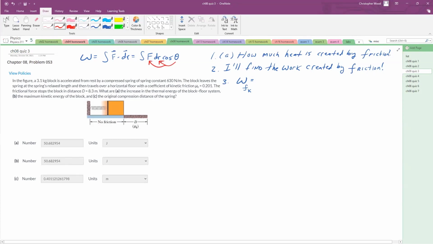So just a brief 20-second recap on the definition of work, and theta is the angle between my displacement vector and my force vector. So here specifically, the work done by kinetic friction is that integral of the force, and the force is the kinetic friction force. And I'll go right to magnitude angle. I refer to this as magnitude angle format, and I refer to this as dot product format.